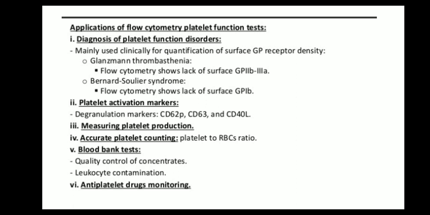Platelet activation markers include degranulation markers, that is CD62P, CD63 and CD40L, measuring platelet production, accurate platelet counting and platelet RBC ratio, and antiplatelet drug monitoring. So these are the applications of flow cytometry in platelet function tests.